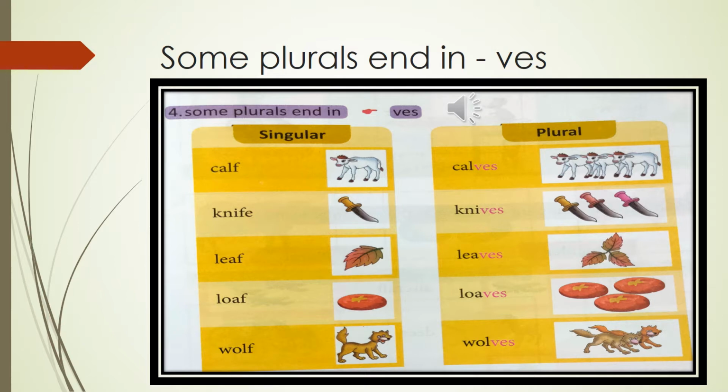Leaf changes into leaves, which means F again changed into V-E-S. Loaf becomes loaves. Wolf becomes wolves, which means F again changed into VES. Students, we have to learn these spellings. Whenever we make singular to plural and plural to singular, we have to keep these things in our mind.